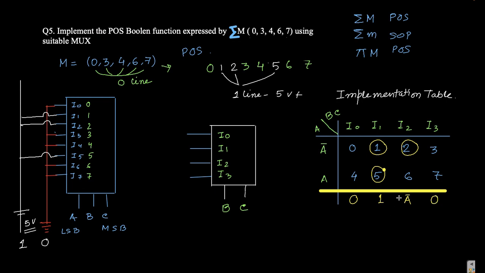Now for I0, I1, I2, I3, I0 is connected with the 0.